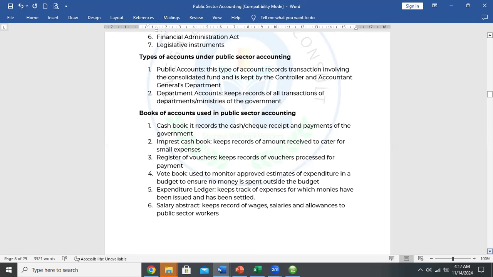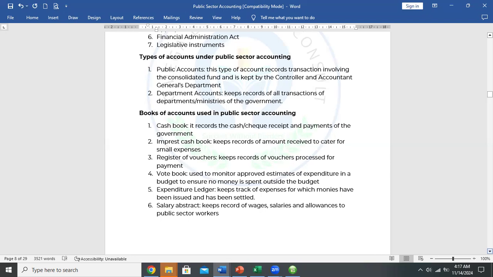And the department accounts are records kept for transactions of departments and ministries. So if you picture it, all the ministries and departments have their own account, and that's the department account. Now, when they remit everything into the central pool called the consolidated fund, then accounting for that consolidated fund is the public accounts, right?